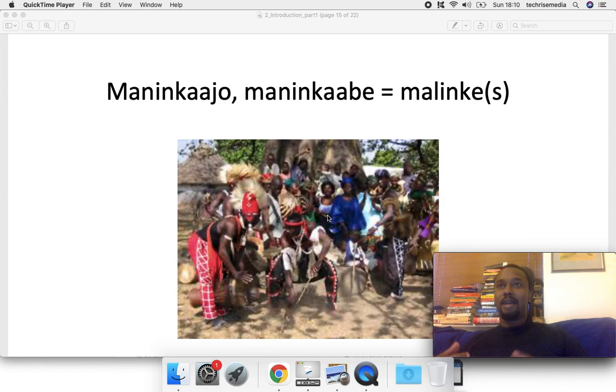The data shows that the Fulbe, the Maninka, and the Susu are mostly the majority, the big peoples in Guinea Conakry.